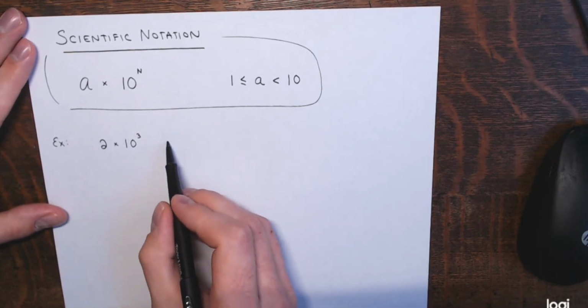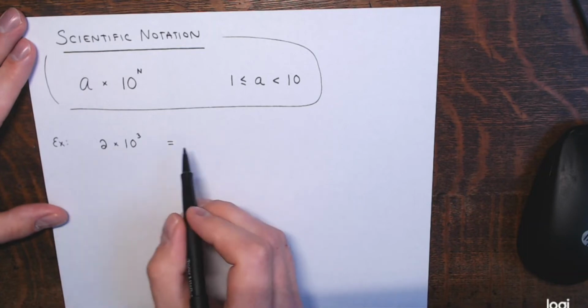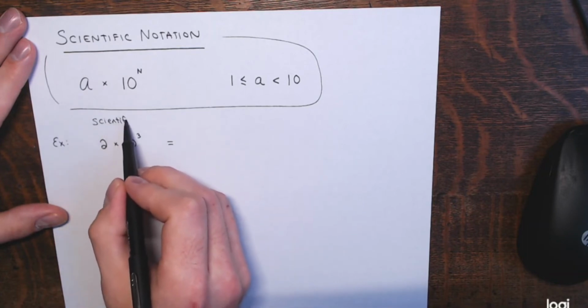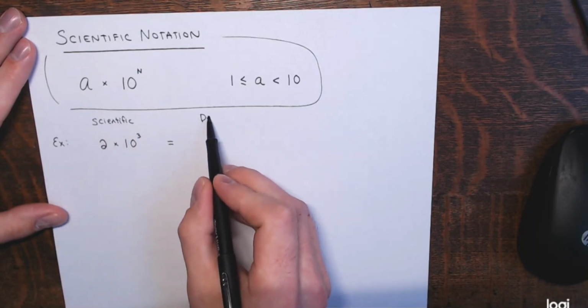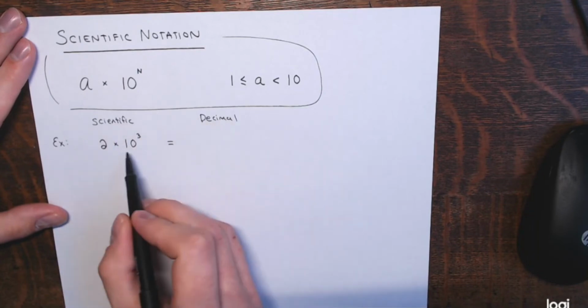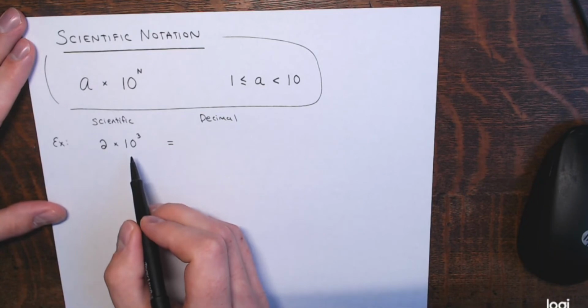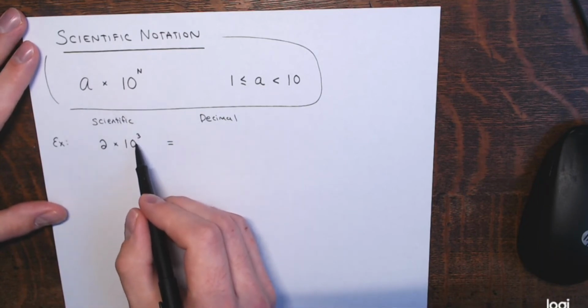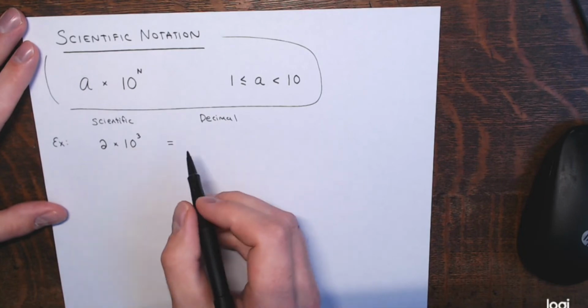And what we're going to be doing is going back and forth between scientific notation and the regular old decimal notation, where you just basically multiply this out. Now remember, 10 to the 3rd power, that's 1,000. This is 2 times 1,000.